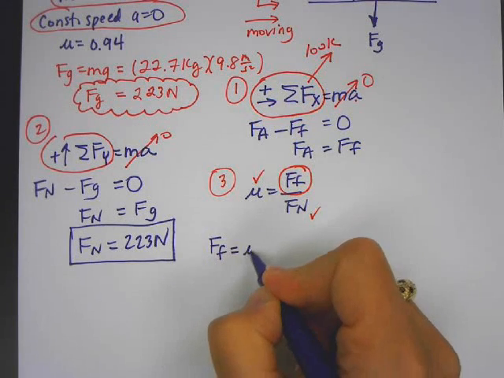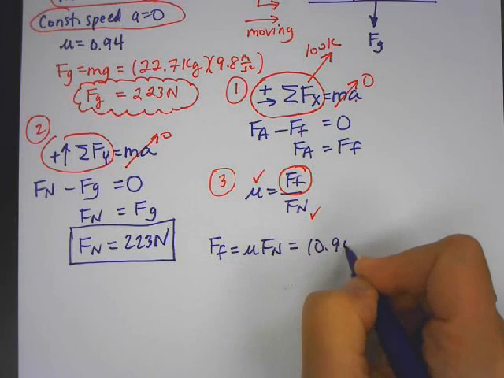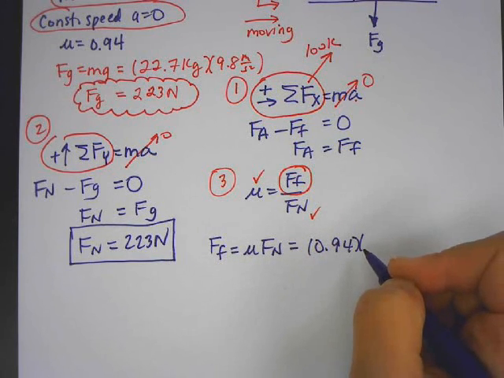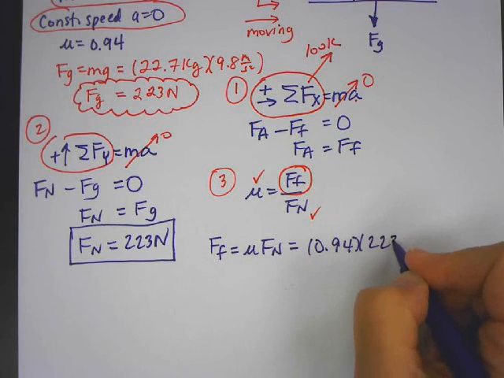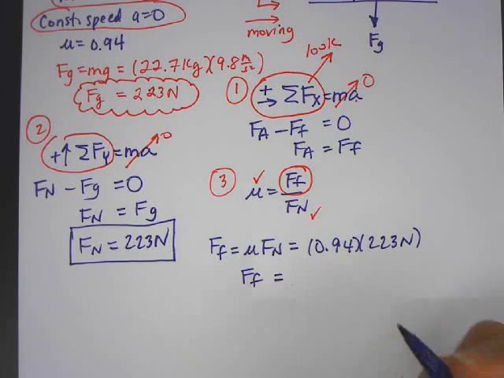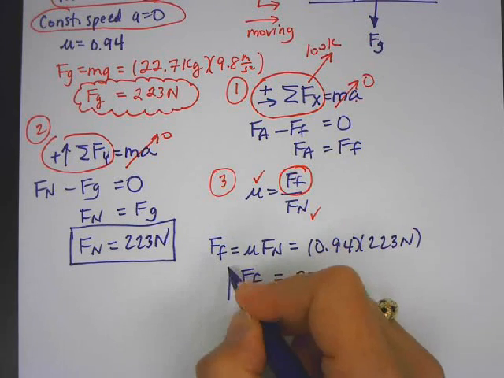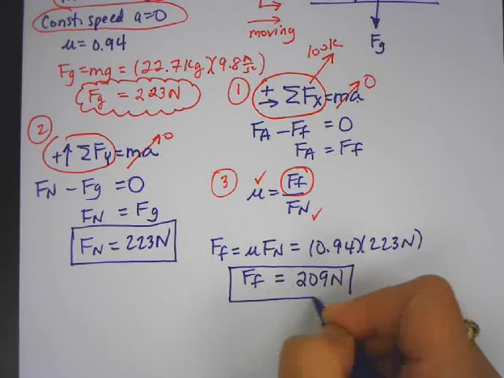F of F is equal to mu times F of N. So it's equal to 0.94 times my normal force, which is 223. So F of F comes out to be 209 newtons. And that's it.